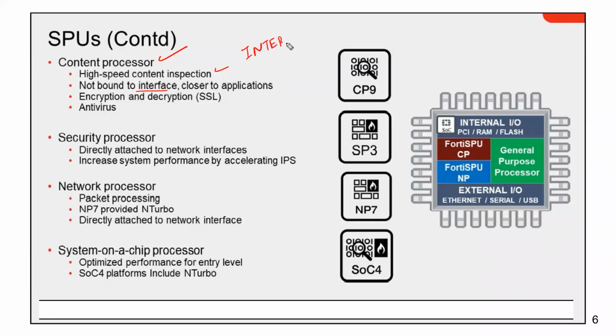Okay, so it's not like only when the traffic is hitting some specific interface, it will go to your content processor. No, the content processor is a chip which is embedded in the hardware so that all the traffic will go through it. Okay, and it is closer to the application. So what I mean is whatever the application level traffic is, right?